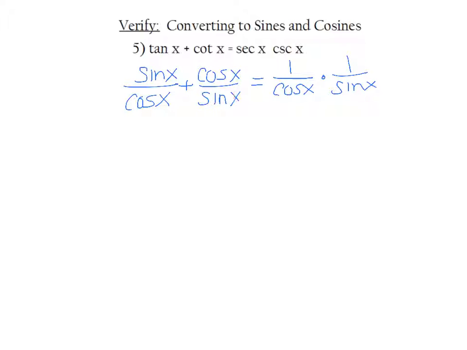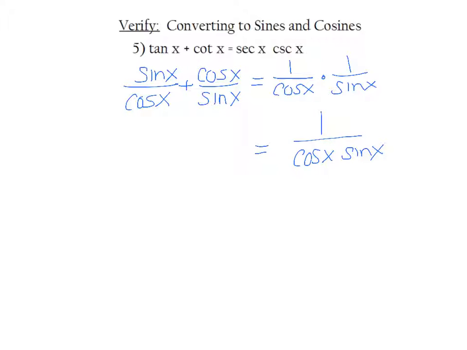Now that I have all these fractions in here, and at least everything's in terms of sines and cosines, I'm going to go ahead, and on this side, since we're adding, we have to have a common denominator. To multiply, we just multiply straight across. The right side, there's not much I can do. I'm just going to have 1 over cosine x sine x.